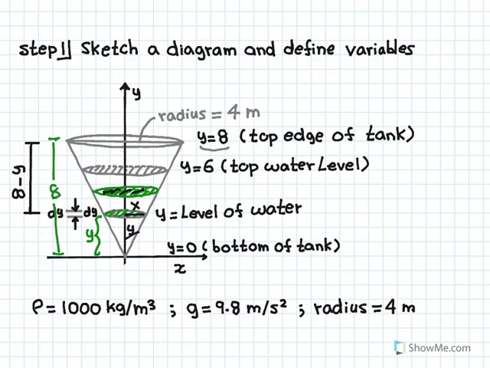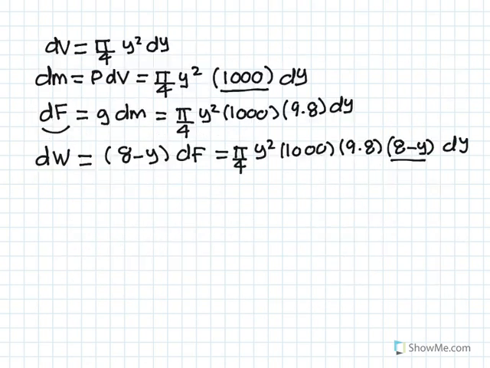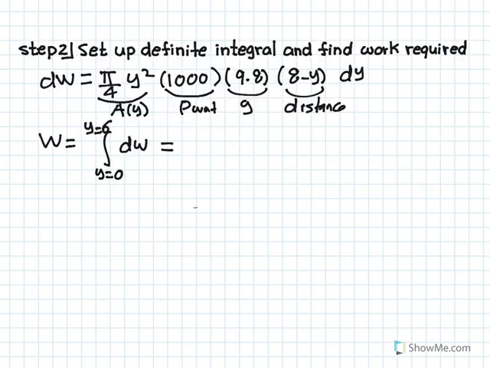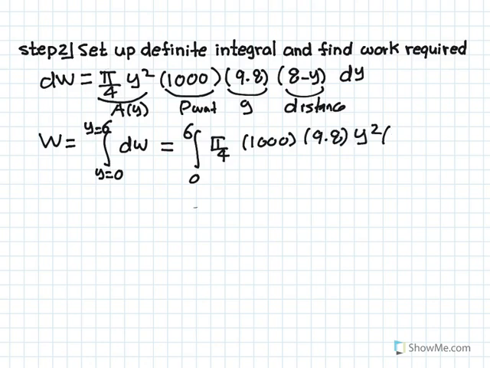So now that's dW, and the work is going to be the integral from 0 to 6 of pi over 4 times 1,000 times 9.8, gravity, times y squared times 8 minus y, dy.